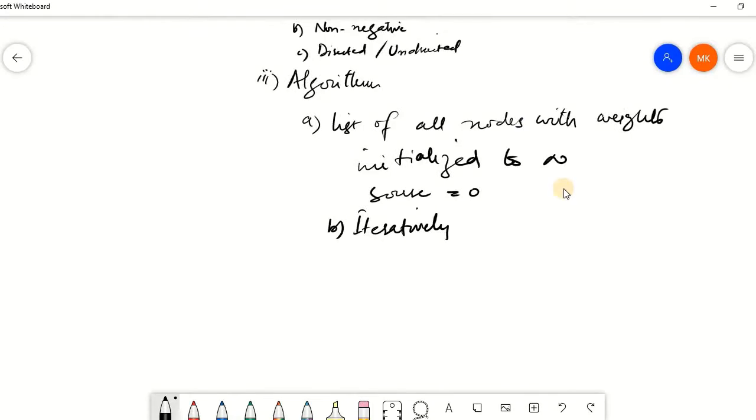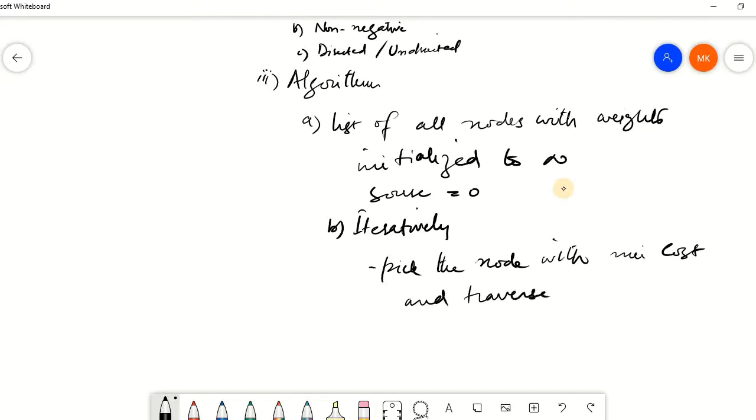Repeatedly, we are going to pick a node, that is, pick the node with minimum cost and traverse all its edges. That is, have a look at all its neighbors and see if the weights could be updated.